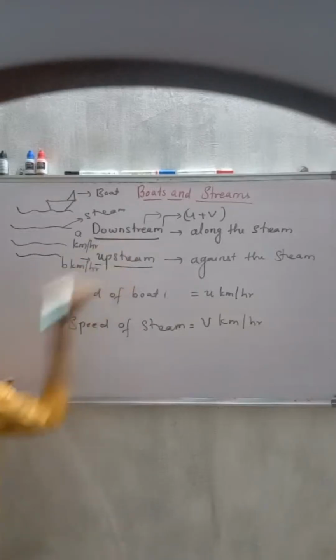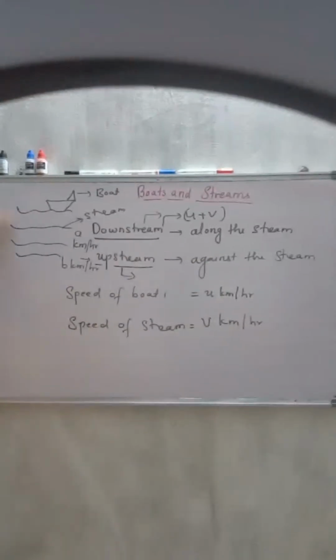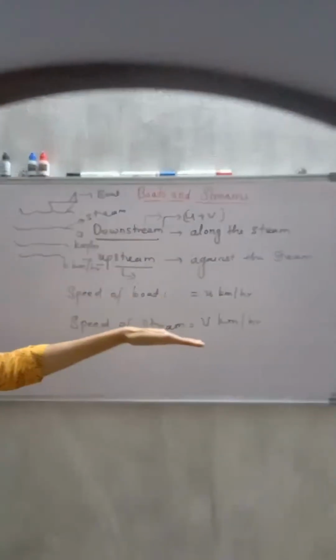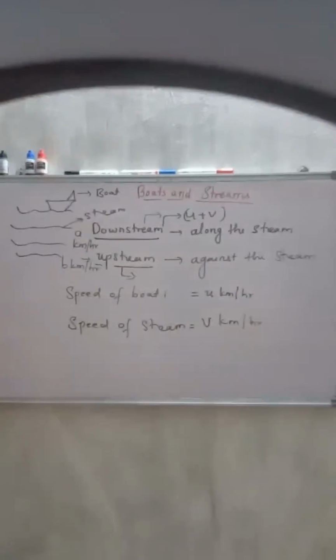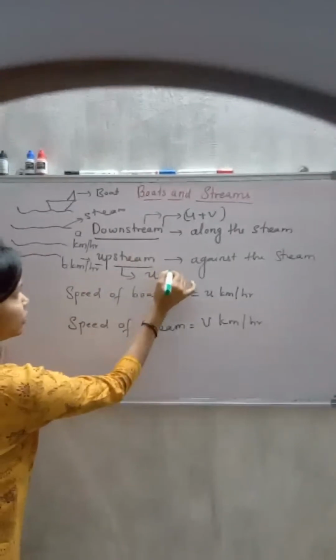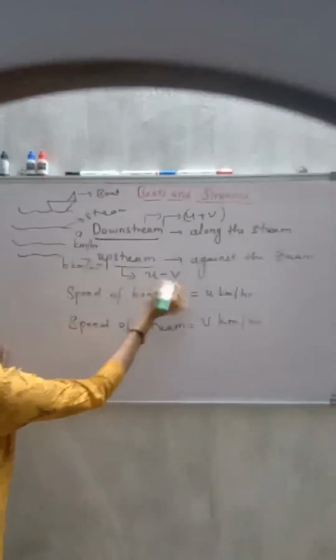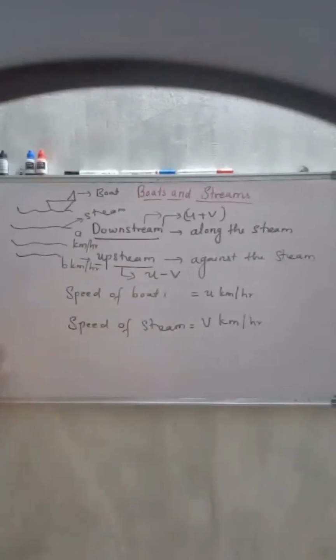Now this upstream, upstream is against the stream, means the boat is flowing in this direction and the stream in reverse, against it, so there is always subtraction. So speed of upstream will be u minus v. This is our speed downstream and this is our speed upstream.